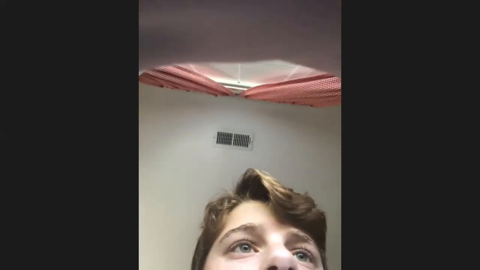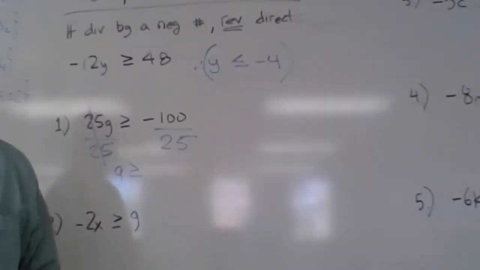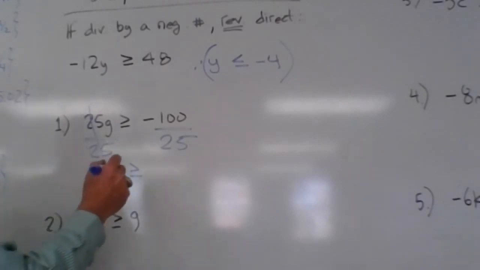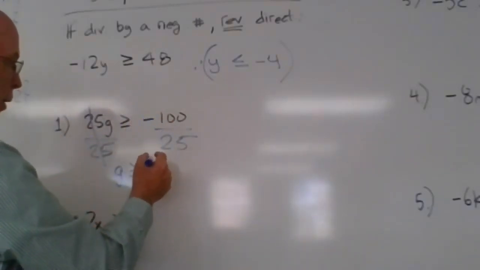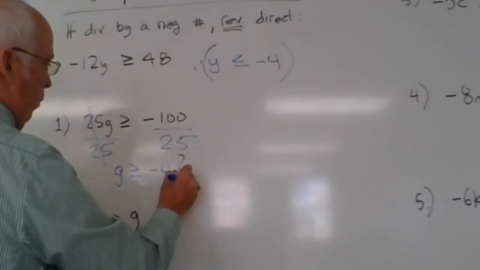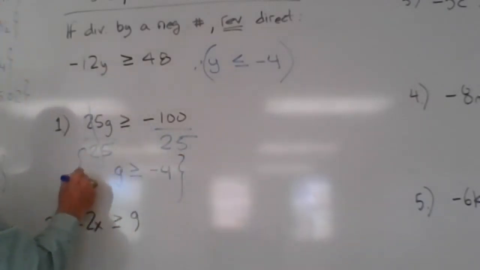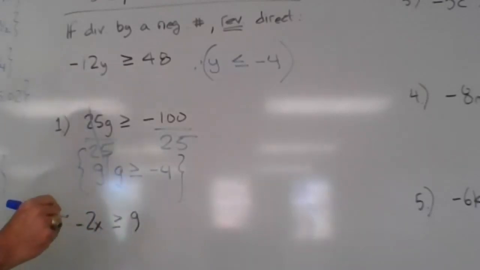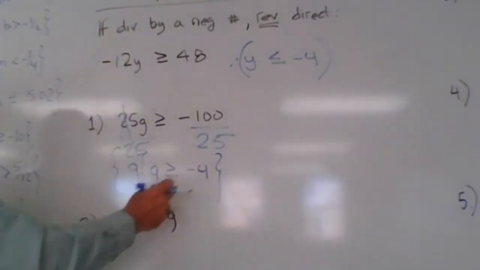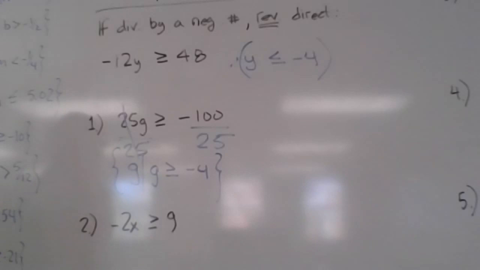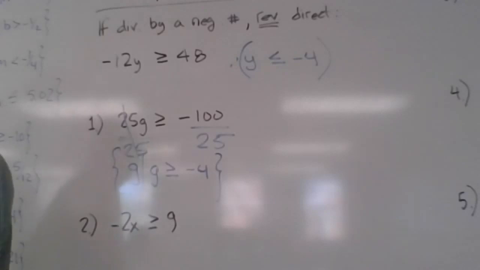So if I divide both sides by 25, 25 over 25 equates to 1, and negative 100 divided by 25 is negative 4. If I put it in proper solution set format, it's g such that g is greater than or equal to negative 4. That makes sense? Yes, sir.